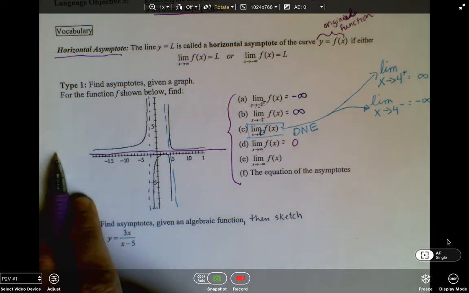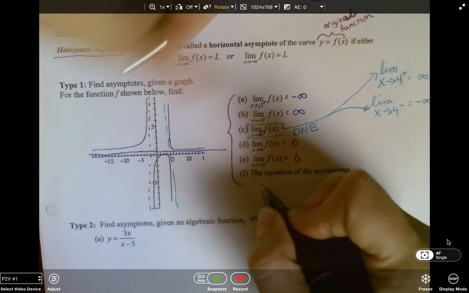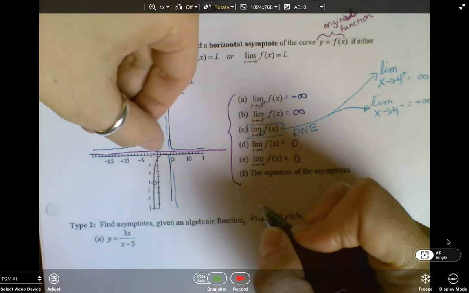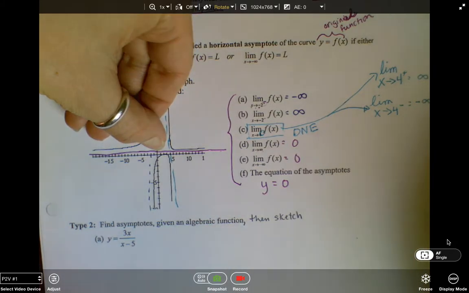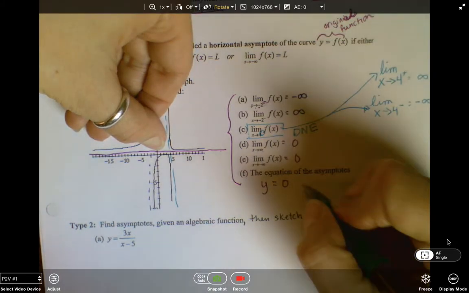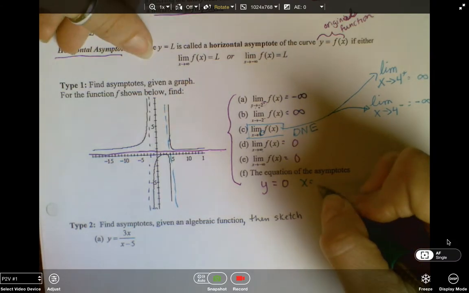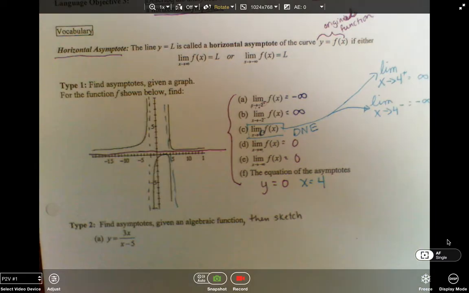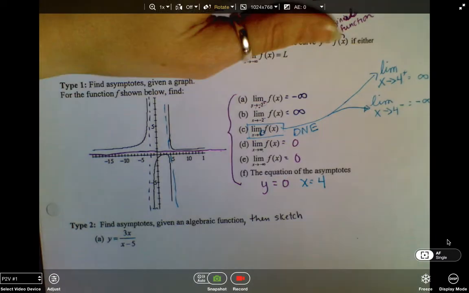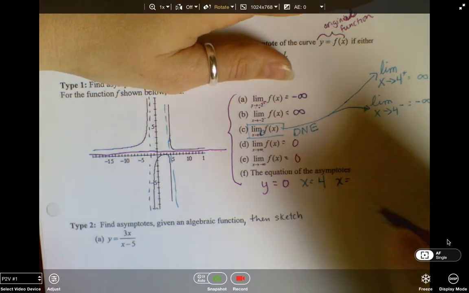So let's say 0. Now we're going to write the equation of the asymptotes. The purple line is a line where y will always equal 0. The turquoise line is the line where x always equals 4. And the navy blue line is the line where x always equals -2.